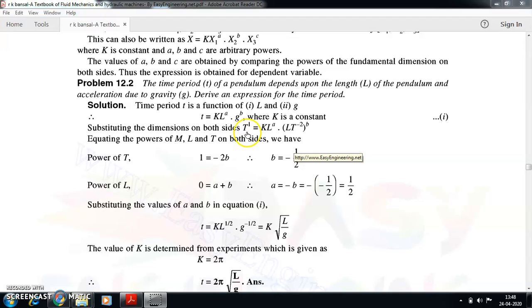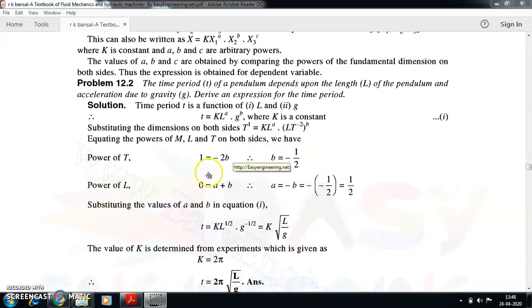You have involvement of T and L on the left and right hand side, so let us equate the powers of T. On the left hand side, the power of T is 1, so 1 will be equal to, on the right hand side, T to the power of minus 2, whole to the power of b, so T to the power of minus 2b will remain. So 1 will be equal to minus 2b. So you can get the value of b here, right? From this equation, your b will be equal to minus half.